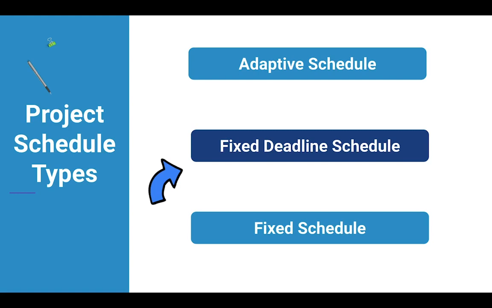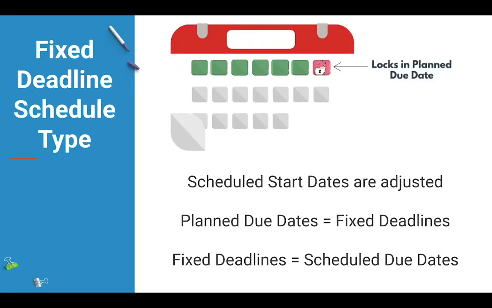And the work that these teams are doing is not explicitly dependent on one another, but they all need to be completed on time so that your client can launch their new campaign and meet revenue goals by a particular timeline. So that's where fixed deadline schedules come into play.